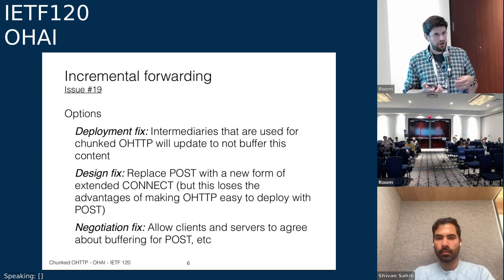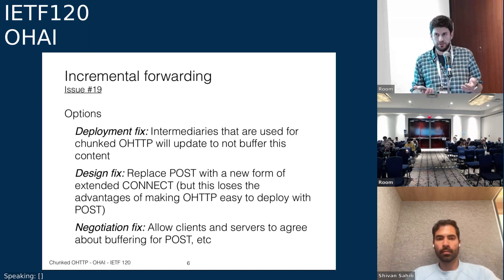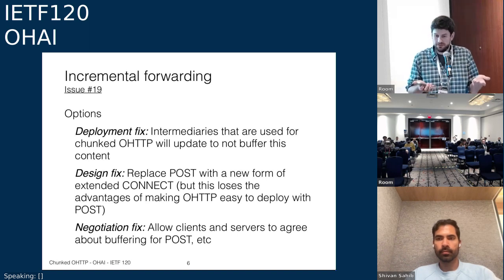So there are a couple different options for what to do here. One option doesn't involve anything much about the actual spec, other than maybe giving some advice. You could essentially just say, do what we did so far and fix the servers that are doing this.